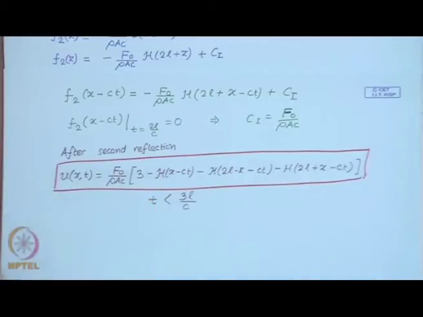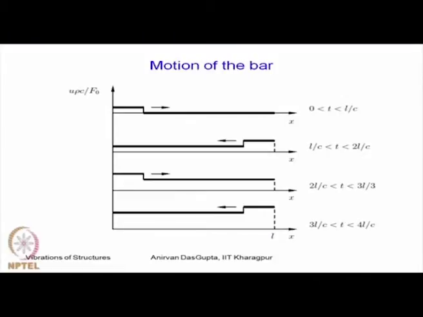Now, if you consider this solution and plot the propagation of this wave, then you will find that the motion of the bar is something like this. As soon as you give the impulse, the left end of the bar acquires a velocity, and because of this velocity a displacement wave follows.